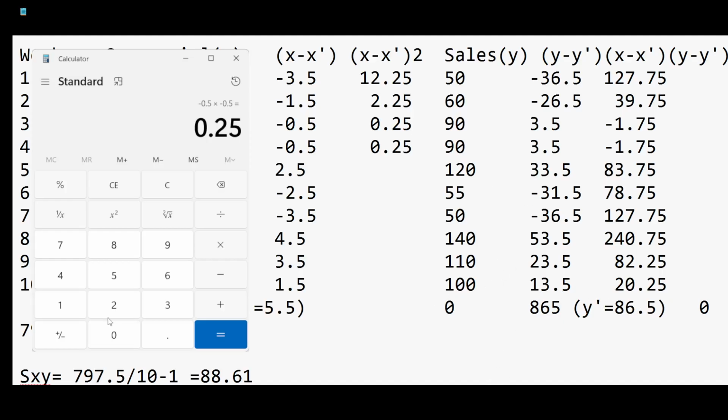Then you have 2.5 times 2.5 equals 6.25. So this is also 6.25, guys, as negative times negative. Then we already have the value here: 3.5 is 12.25.